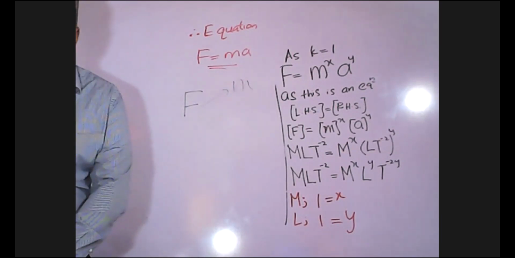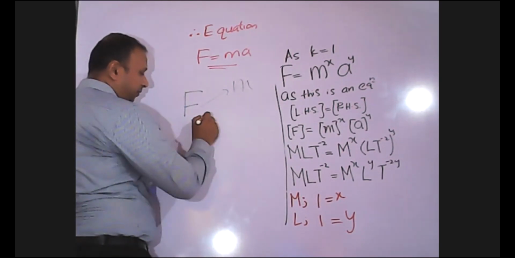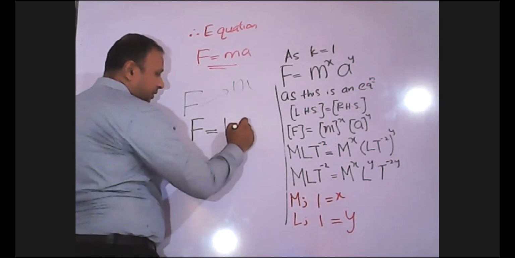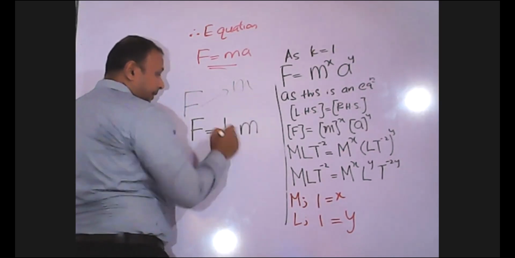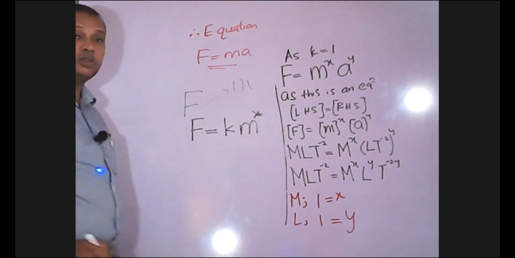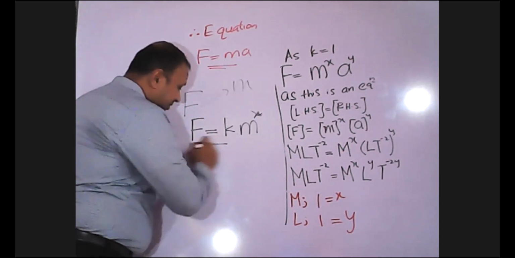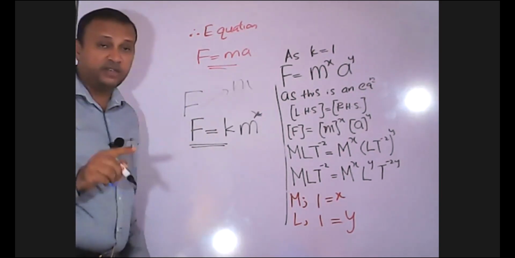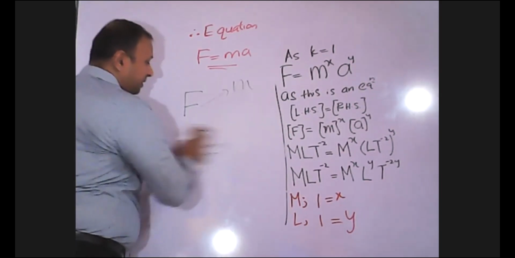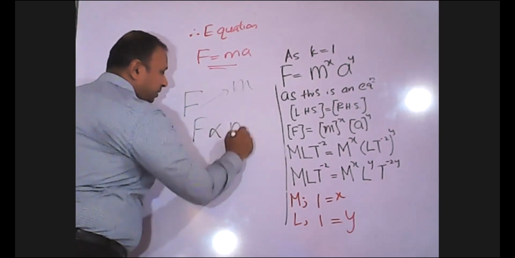So if I write this equation as F is equal to K to the power K into M to the power X or something, this is not the correct equation. This is a relationship. That's why I said consider this as a relationship.